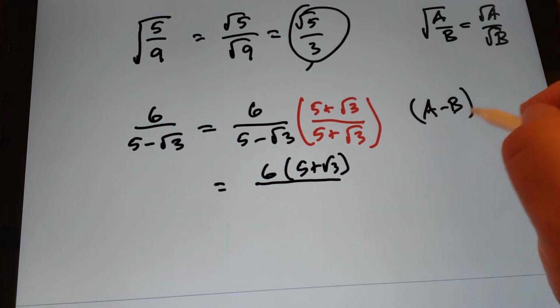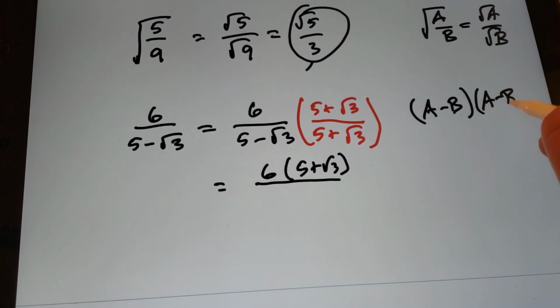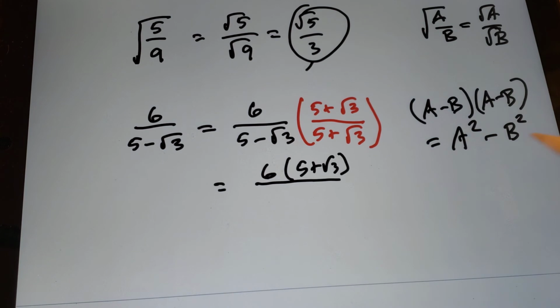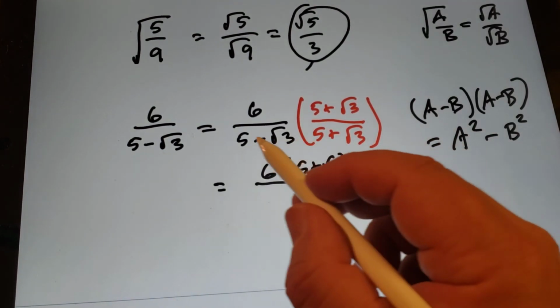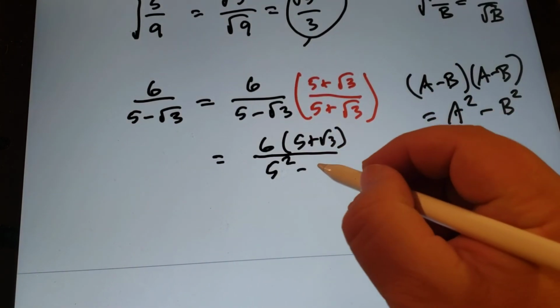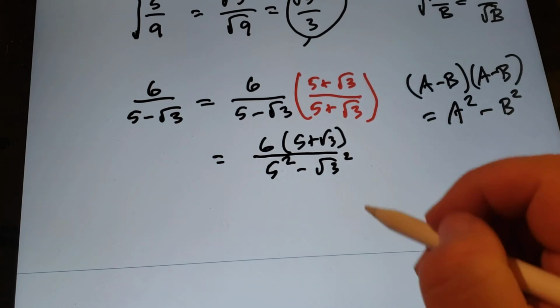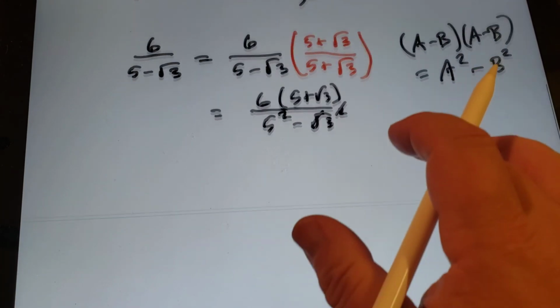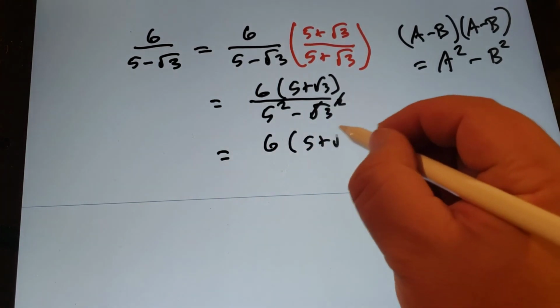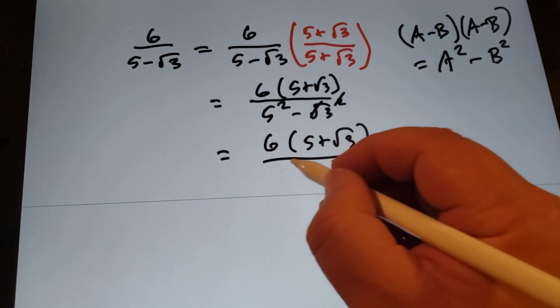If I have A plus B times A minus B, I'm talking A squared minus B squared. So if A is 5 and B is rad 3, I'm going to have 5 squared minus the square root of 3 squared. So it's just a matter of working this out.